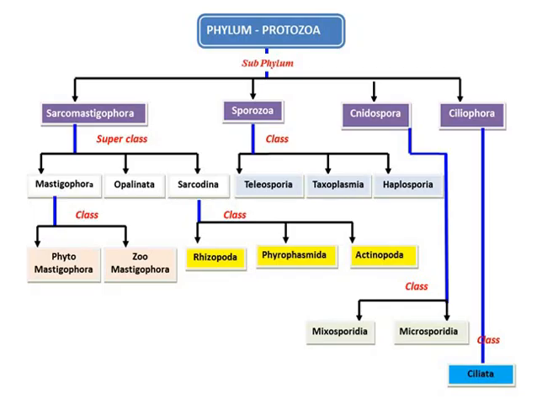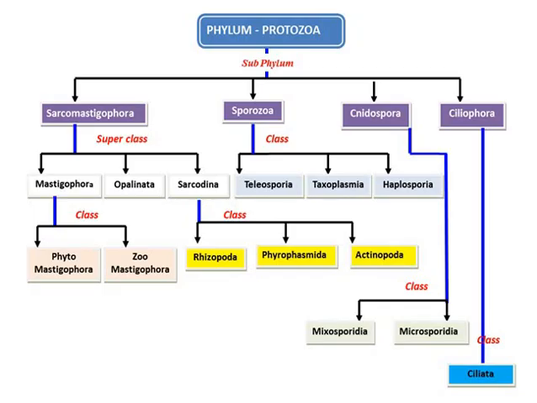There are Sarcomastigophora, Sporozoa and Cnidospora, and Ciliophora. Likewise, Sarcomastigophora is divided into superclasses like Mastigophora, Opalinata and Sarcodina. The superclass is again divided into classes: Phytomastigophora, Zoomastigophora.